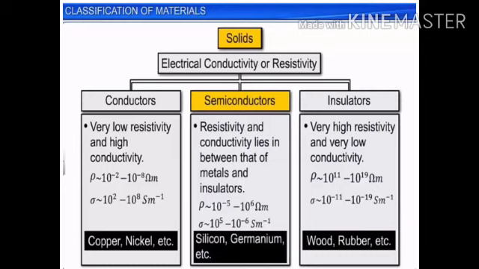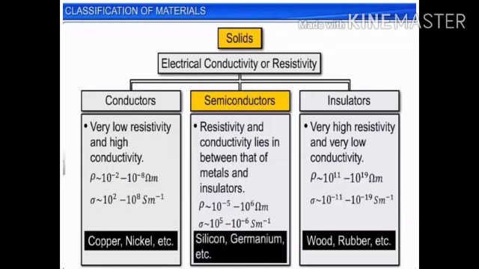Rho is equal to 10 to the power of minus 12 to 10 to the power of minus 8 ohm meter, and the conductivity is 10 to the power of 2 to 10 to the power of 8 Siemens per meter. The conductivity is very much greater compared to the resistivity. Examples of conductors are copper, nickel, etc. These are very common examples of conductors.